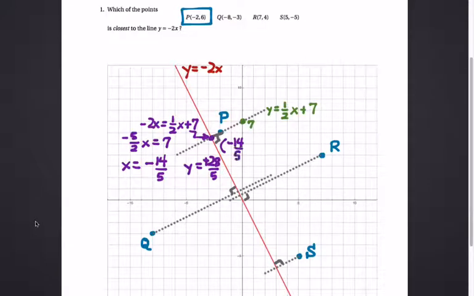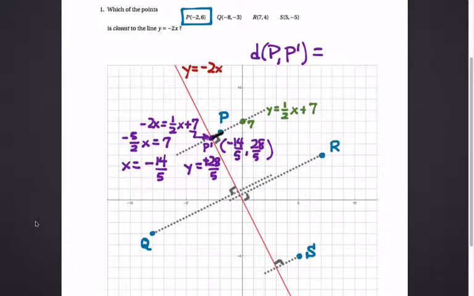And then what do I have to do with that? Take your x and y values and plug it into the distance formula. Yeah, so we then have to go into the distance formula and figure out the distance between, let's call this point P prime, P and P prime, using what is essentially the Pythagorean theorem, right?